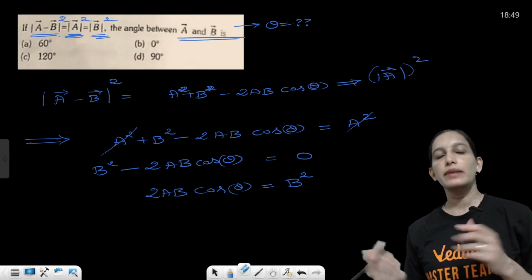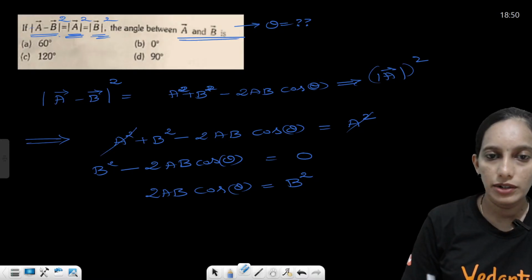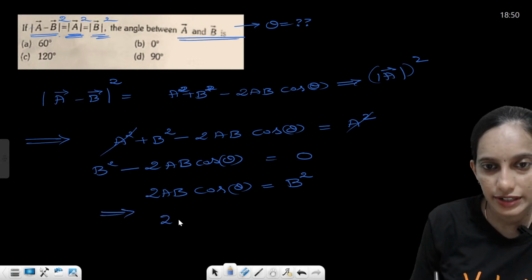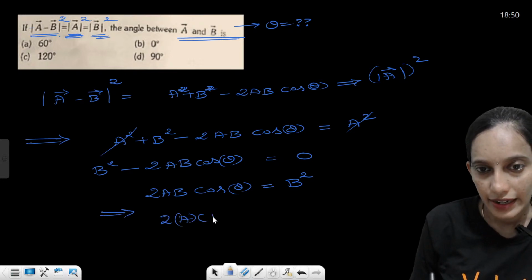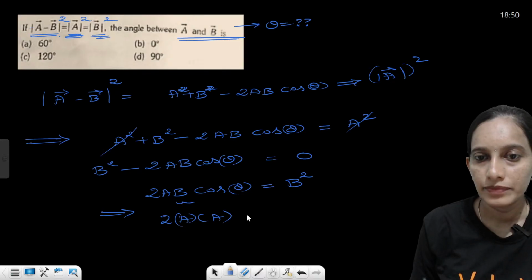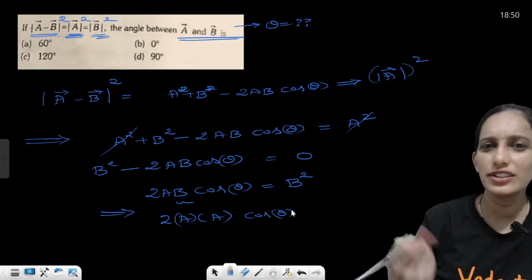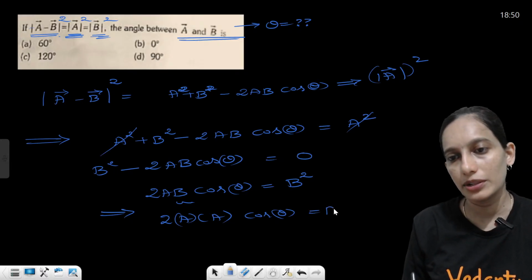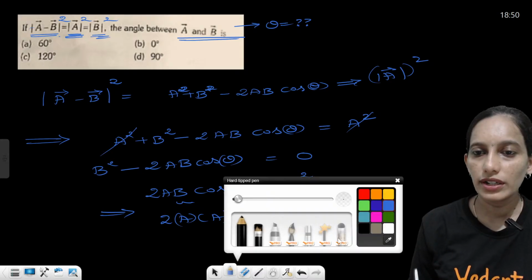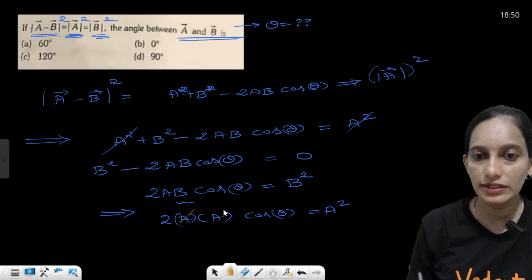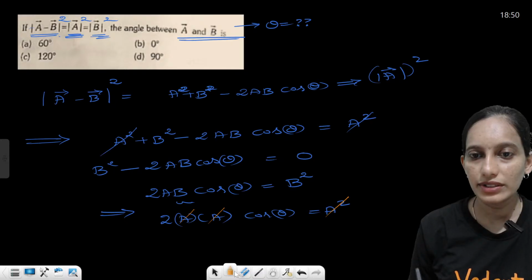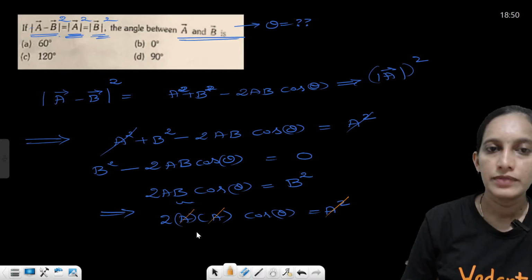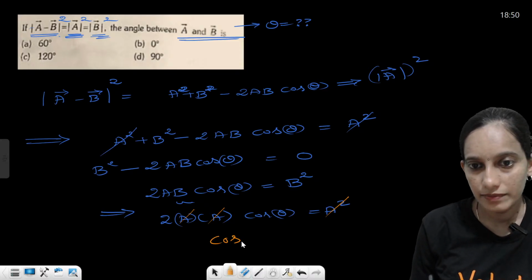Magnitude of A is same as magnitude of B ಅಂತಿರೋದ್ರಿಂದ, so I will just say like 2A into B cos theta is equals to B square, B square ಬದಲು A square ಬರಿಬೋದು. ಇದು ನೀವು ಫಸ್ಟ್ ಸ್ಟೆಪ್ ಅಲ್ಲೇ ಮಾಡ್ಬೋದಿತ್ತು. ಸೊ ಈಗ ಇಲ್ಲಿ ಕ್ವಿಕ್ ಆಗಿ ಅಬ್ಸರ್ವ್ ಮಾಡಿ, this A is A square, will cancel with this A square. Again cos theta is equals to 1 ಬರುತ್ತೆ. ಓಕೆ, ಏನಾಗುತ್ತೆ?